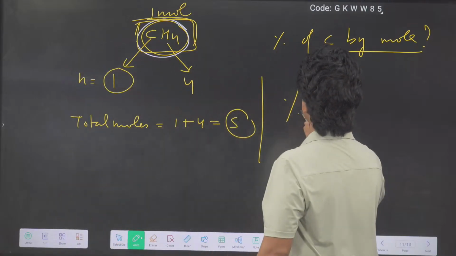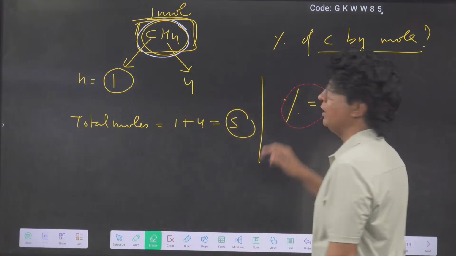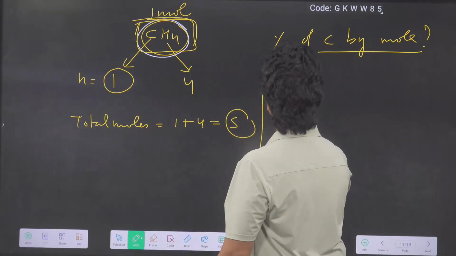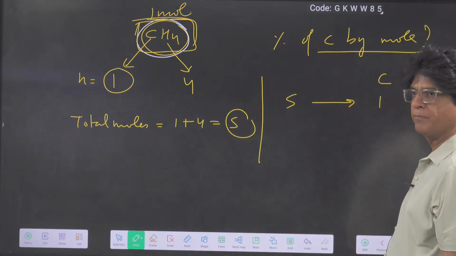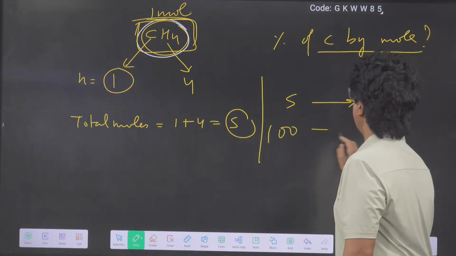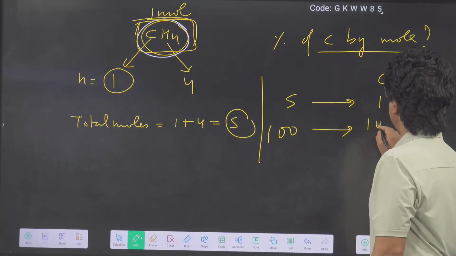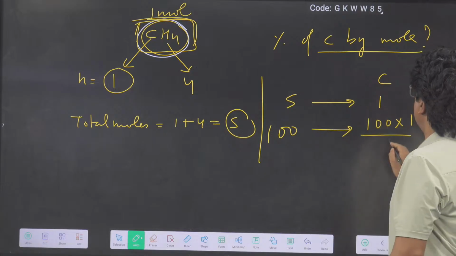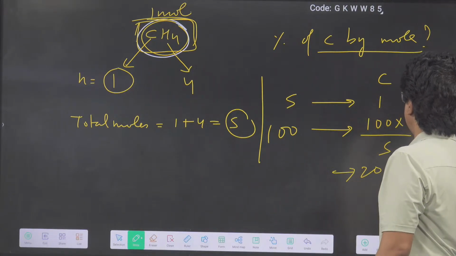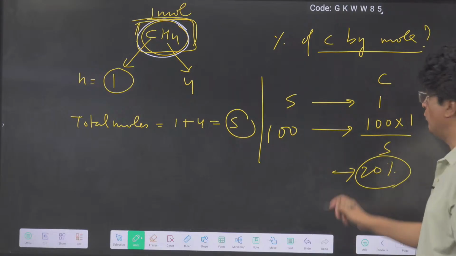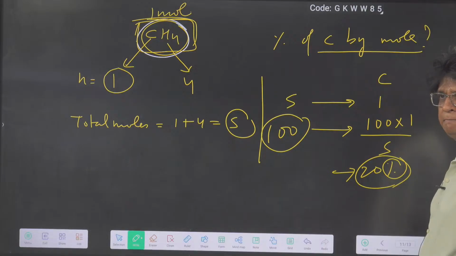Percentage is done on 100. That means out of 5, only 1 carbon is there. Out of 100, how many carbon will be there? That is called percentage. So it will be 100 into 1 divided by 5, basic arithmetic. So this will be equal to 20%. Whatever you get out of 100 is called percentage. Is that clear?